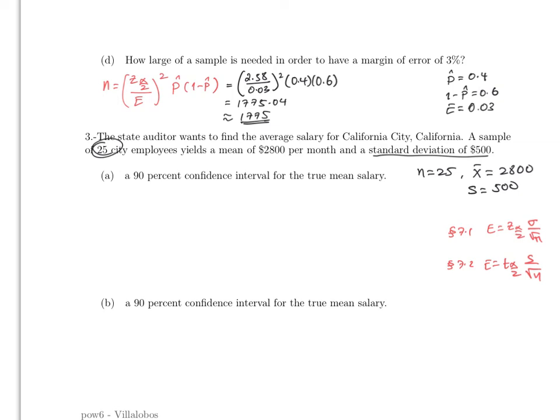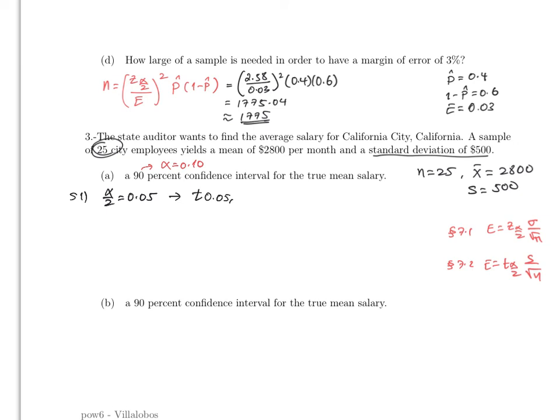Okay. All right, so let's go with 90%. Remember, 90% means alpha is 0.10. Now you need to find the value from the table. It will not be given to you like in 7.1. So for step 1, alpha over 2 will be 0.05, and then you need t of 0.05.